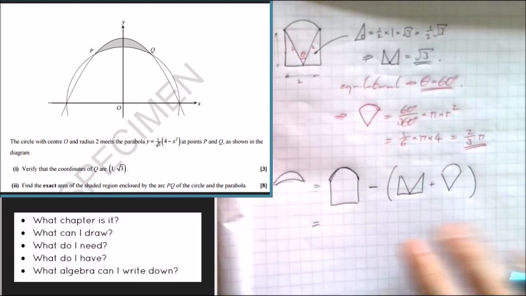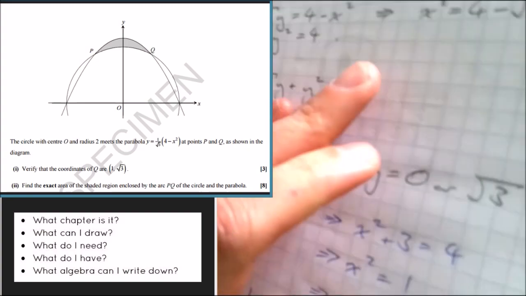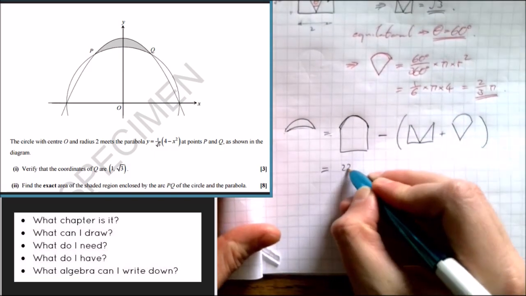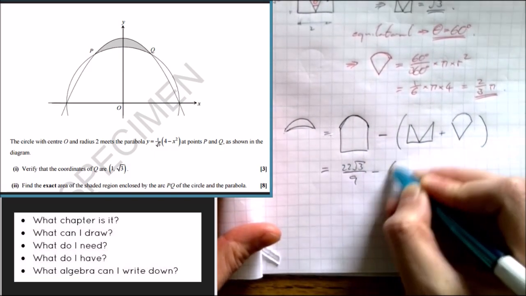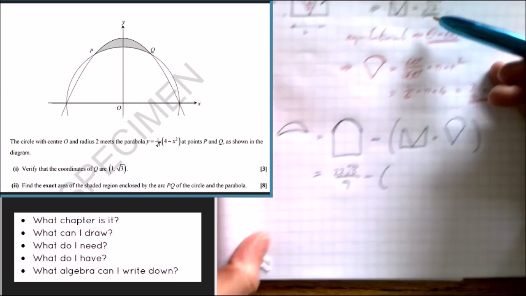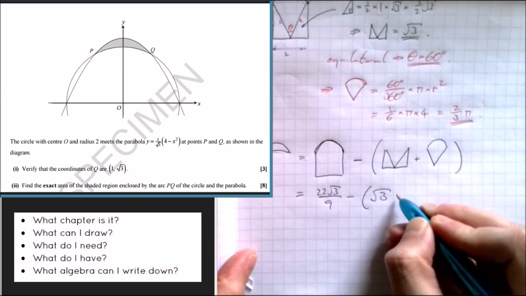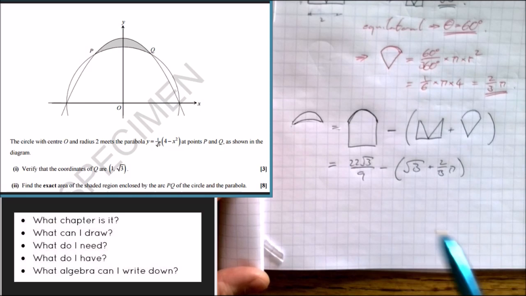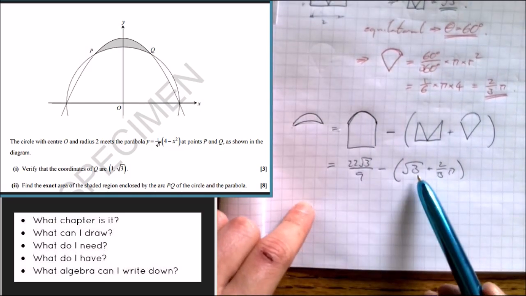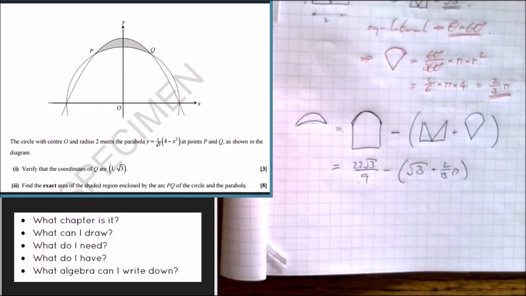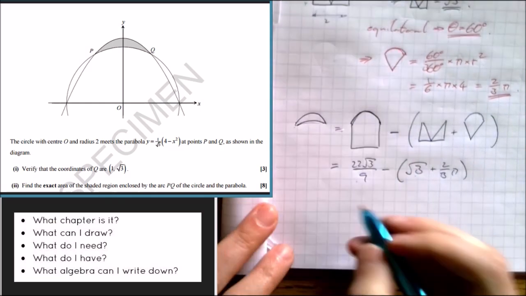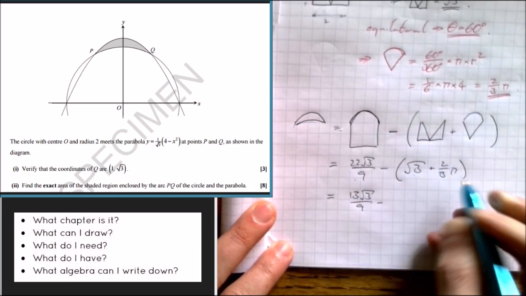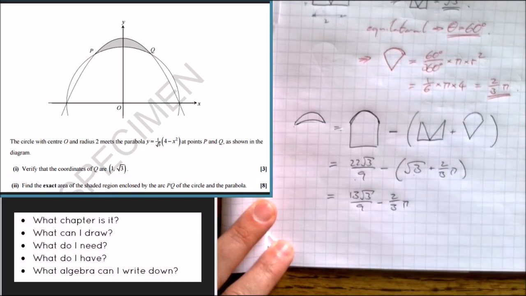So that was the bit below the parabola, 22 root 3 over 9, minus root 3, plus 2/3 pi. Oh, doesn't look as scary right now. Let's do 22/9 of something minus a whole thing. That's going to be 13/9 of the thing, minus that, minus 2/3 pi.